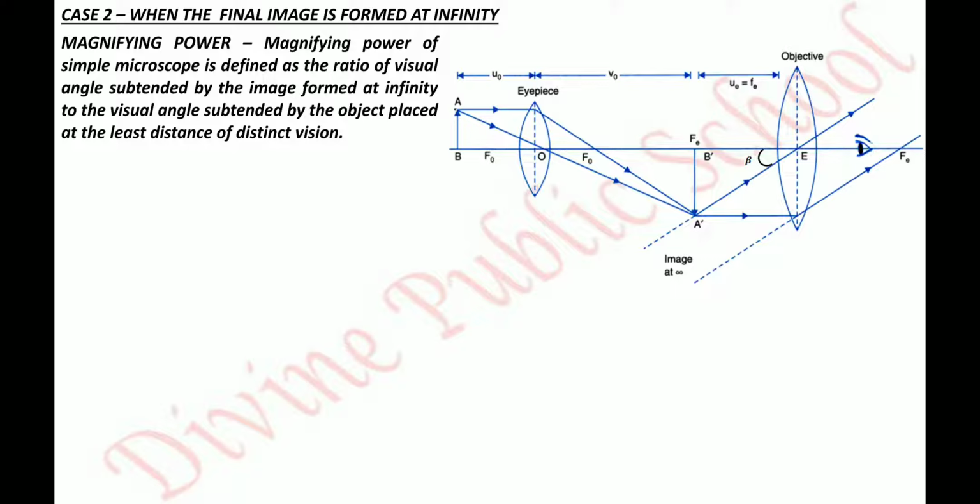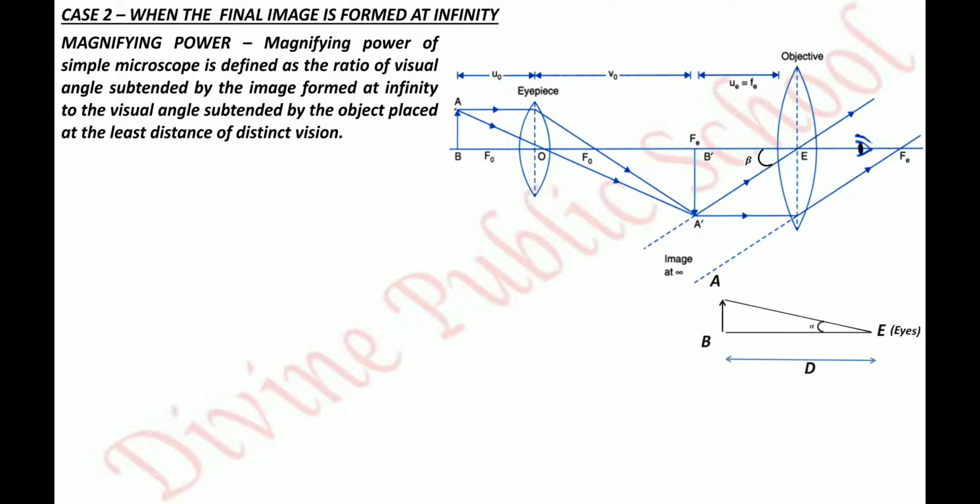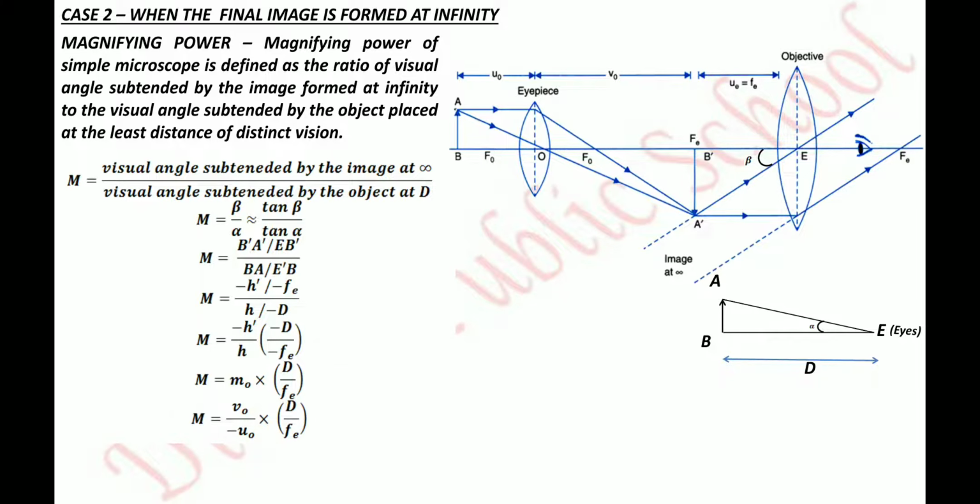Okay, let us define it mathematically also. So mathematically we should write m is equal to the visual angle subtended by the image at infinity to the visual angle subtended by the object at capital D. So again with the same procedure we are going to go. M is equal to beta upon alpha, which is equal to tan beta upon tan alpha. I have told you the story.